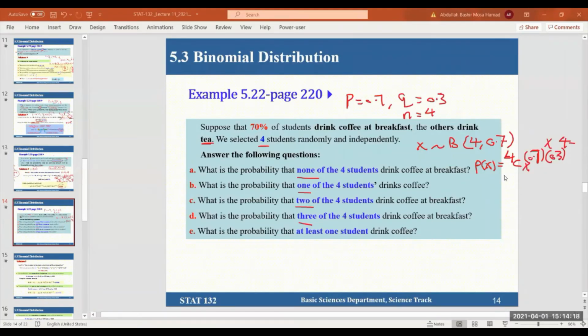We have this function: P of X equals 4Cx, 0.7 power x, 0.3 power 4 minus x. So now let's see the question.